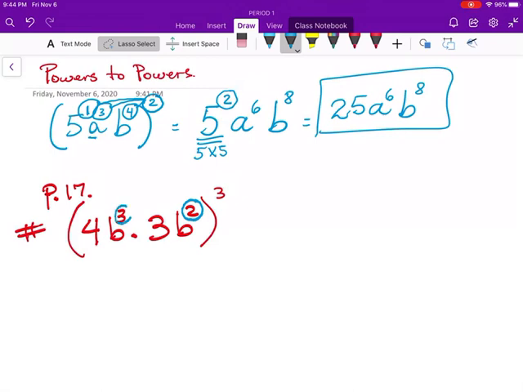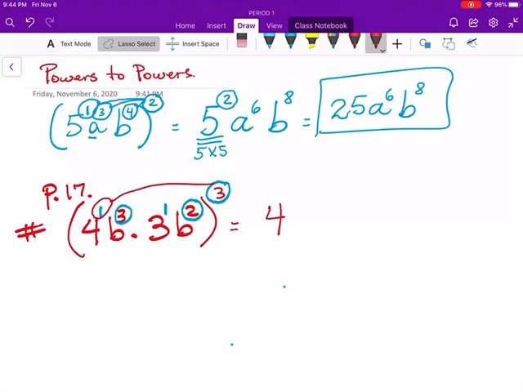The power 3 here belongs only to the b. 4 has an invisible 1, and 3 also has a power of 1. So my outside power of 3 is going to multiply every power inside. So we're going to start with that one.